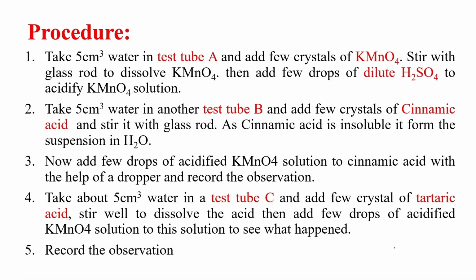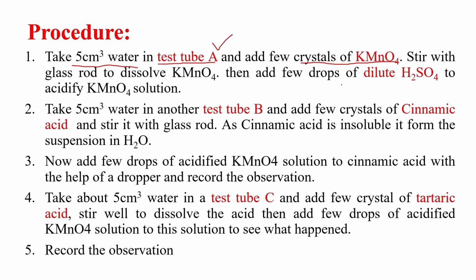In the first point, we will look at test tube A. In test tube A, we will add 5 cm³ of water and a few crystals of KMnO4. Then we will shake or stir this test tube so that the water and KMnO4 dissolve in the solution.